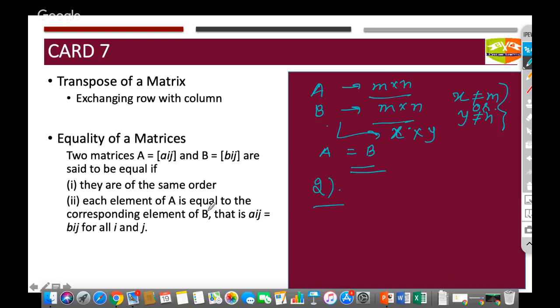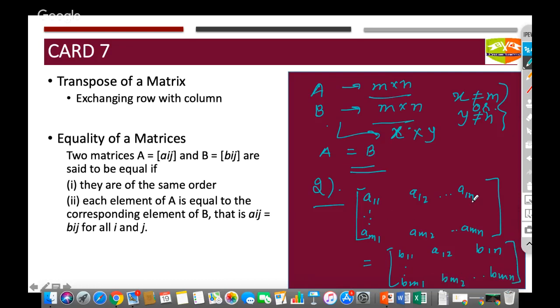The second condition is that each element of A is equal to the corresponding element of B. So if I write A11, A12, A1n, and likewise AM1, AM2, AMN, and I'm making it equal to B11, B12, B1n, and BM1, BM2, BMN.